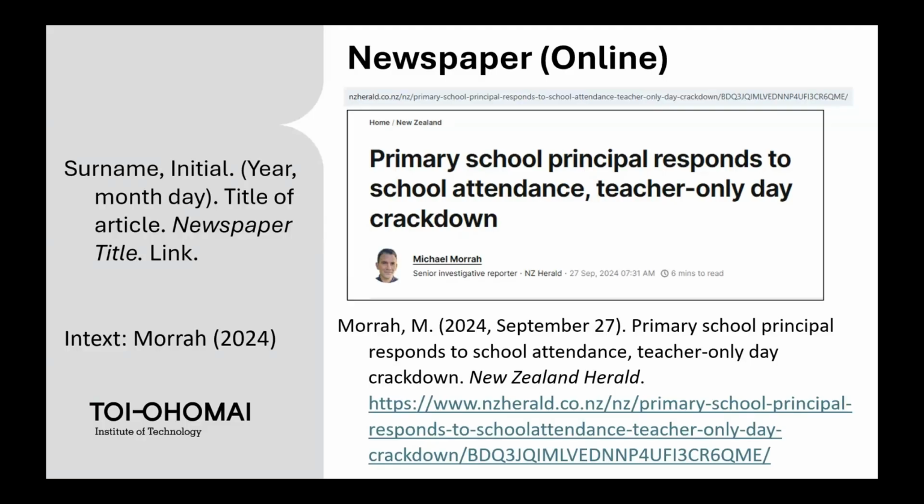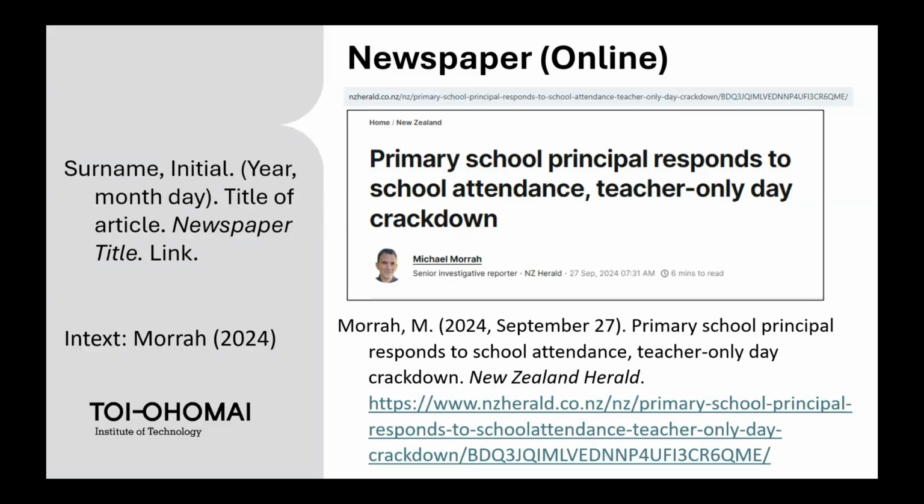A newspaper online. To reference a newspaper online, we want to start with the author, in this case, Michael Morra. So Morra, M., would be our author. We then have the date, 2024, September 27th.